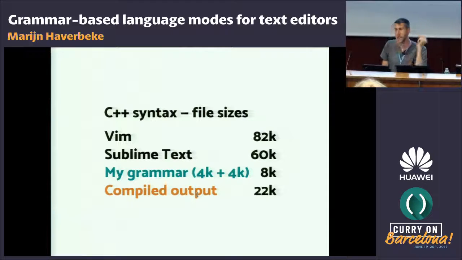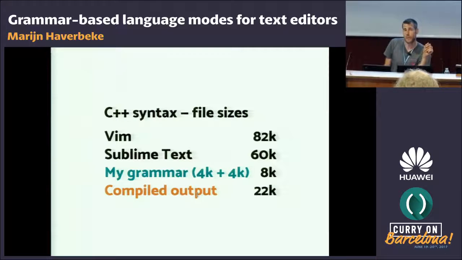This is my last slide. I did a quick file size comparison. The basic Vim C++ mode is very, very crude, so I searched for a third-party C++ mode that also tries to highlight things a bit more thoroughly, and that came to 82 kilobytes. Sublime Text's standard C++ mode is 60.